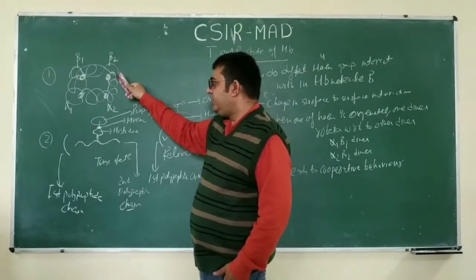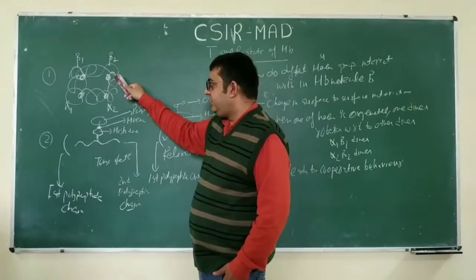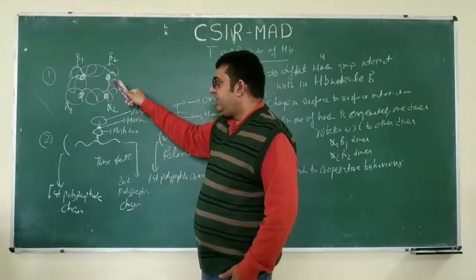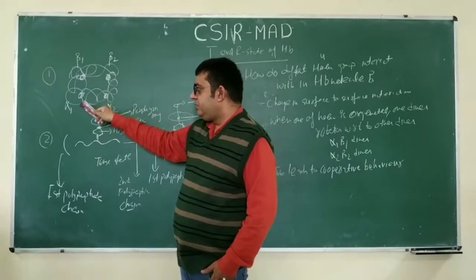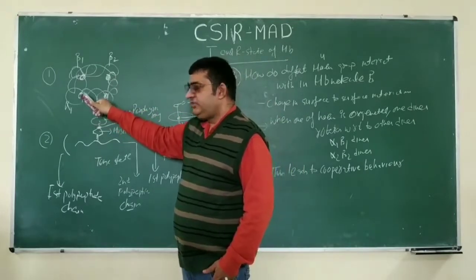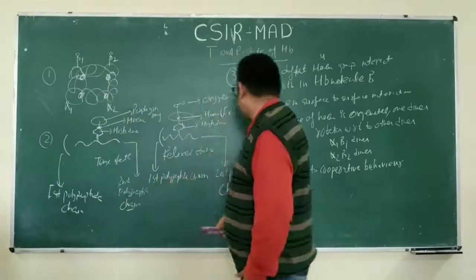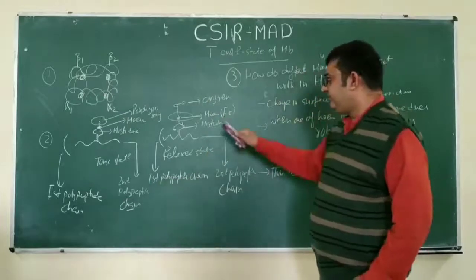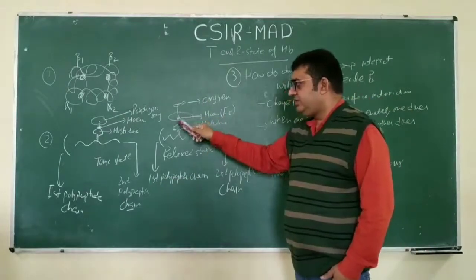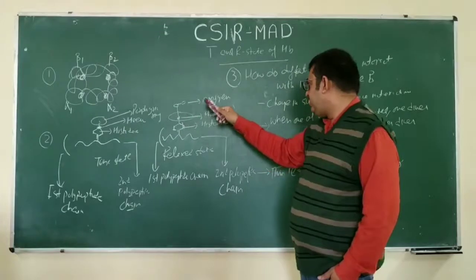Similarly, when second oxygen binds to this heme group, then it increases the affinity further to bind to this heme group. So because of this change in electrostatic interaction, there is cooperative binding.